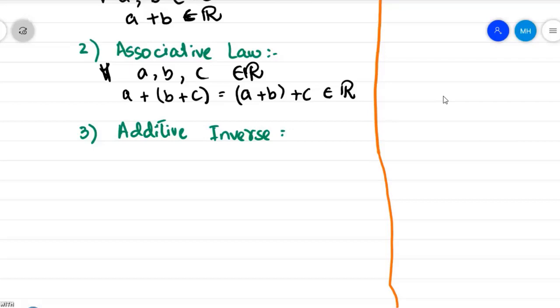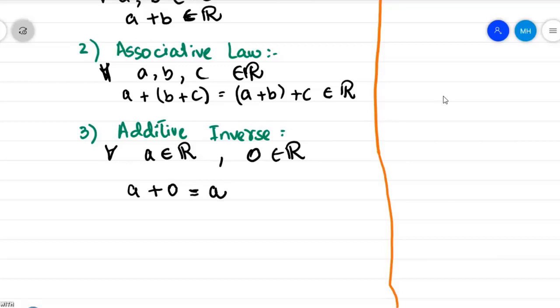we can say that for all real numbers, if I take any element from the real numbers and there exists another number in this set which, when applied with this operation, produces no change in that number.